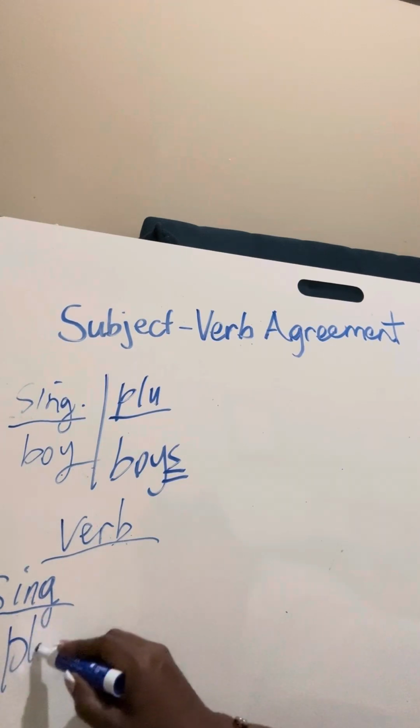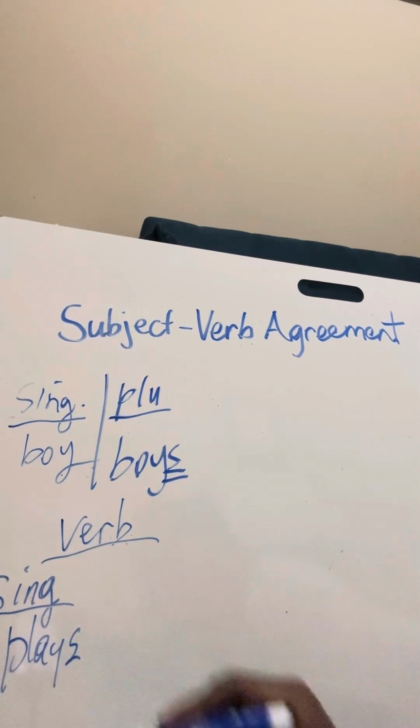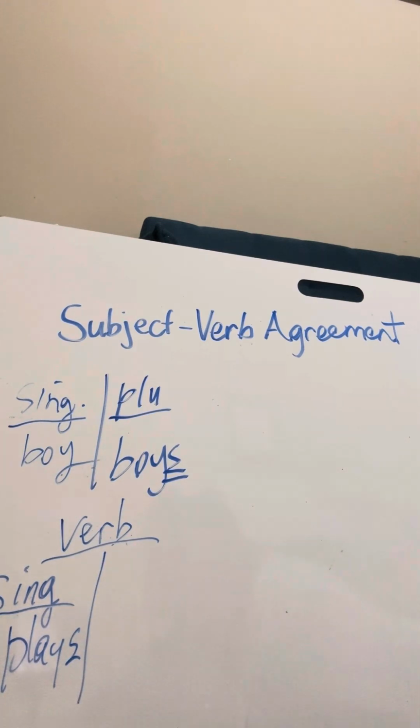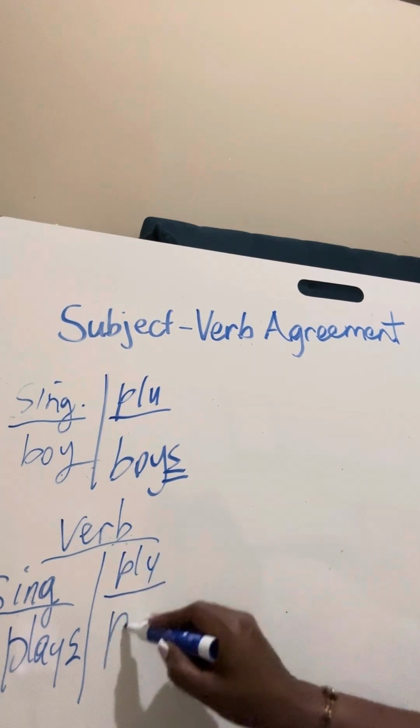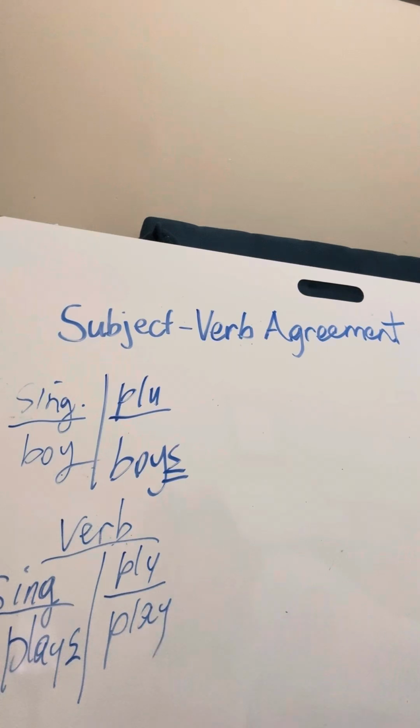So plays is a singular verb. The one without the s, when it comes to the verb, the one without the s is plural. So play is a plural verb.